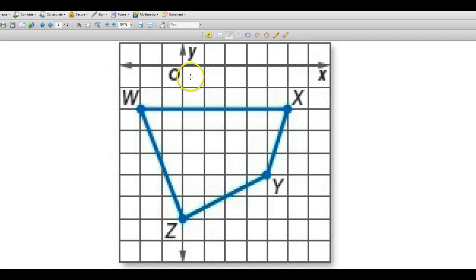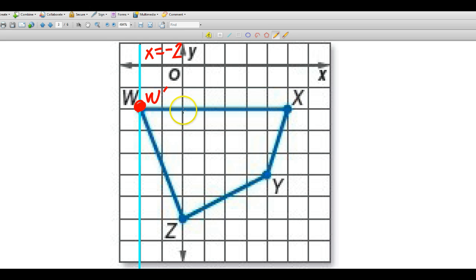For number 23, I want to reflect WXYZ and the line x equals -2. So I want to go 2 to the left of the y-axis. So that would be my line, x equals -2. And then equidistant from this line on the other side. So W prime would remain where it's at.